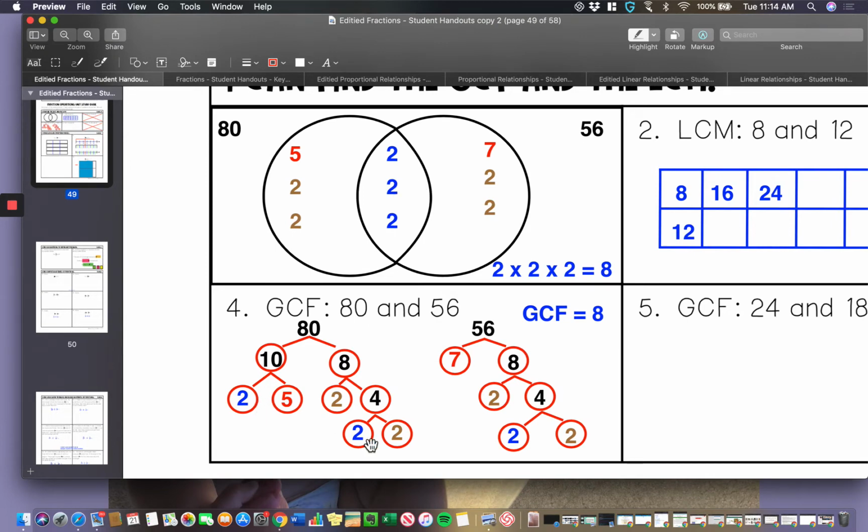Well, I only have to take the prime numbers that they have in common that are the lowest on the tree. So for this side, for example, that I'm pointing to here, 2 is the lowest prime number on this side of the tree branches, that is prime, and they're shared in common. So 2 is a number that they share in common. Okay?